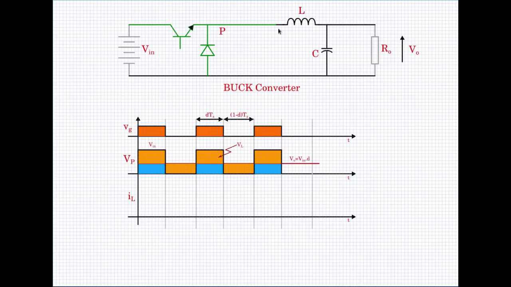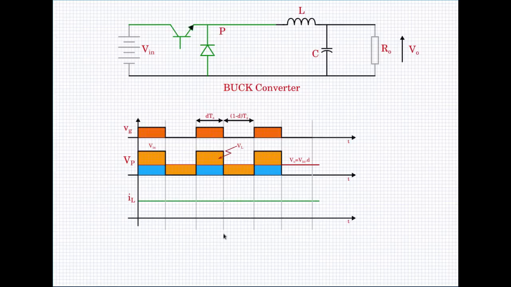So you see that just by looking at the pole voltage waveform, we have found two important ratings of these two devices: the voltage withstanding rating of the switch and the peak inverse voltage rating of the diode.